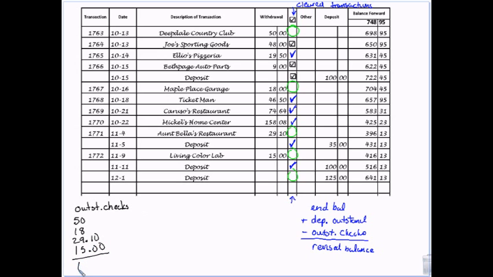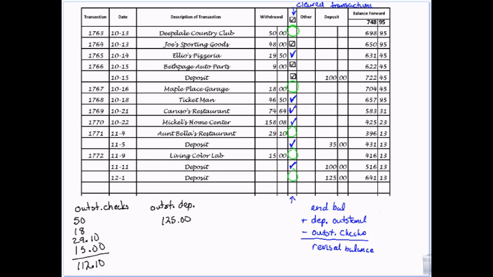Okay, when I add all that up, I get $112.10. And then I have outstanding deposit. I only have one of those, that's $125. So far, okay?